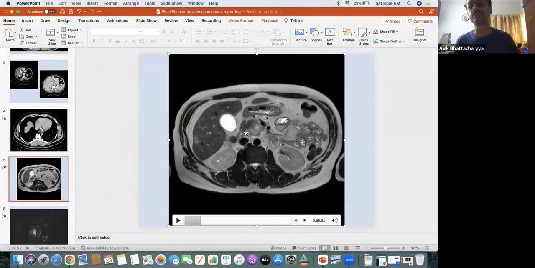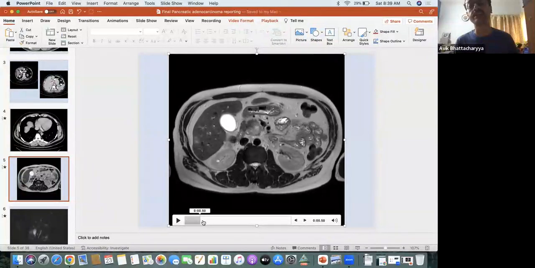Pancreatic head and uncinate process is not looking like this. This is much more bulging than the normal. So seeing that you can say there is an abnormal mass. But when you say mass, you first say what about superior mesenteric vein, superior mesenteric artery, the relation, and then the liver lesions. So here you can appreciate the pancreatic neck mass.